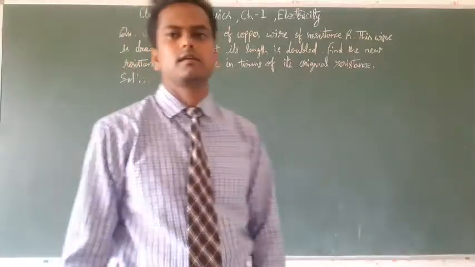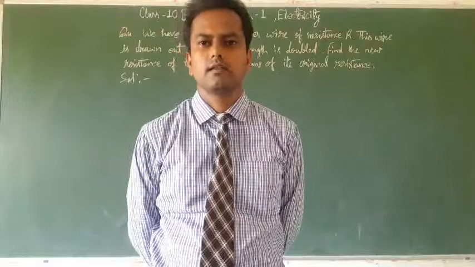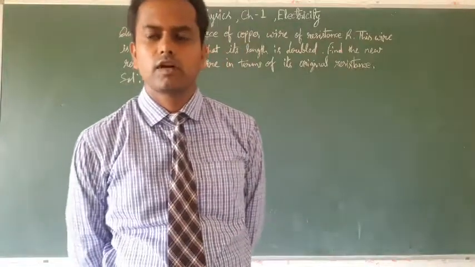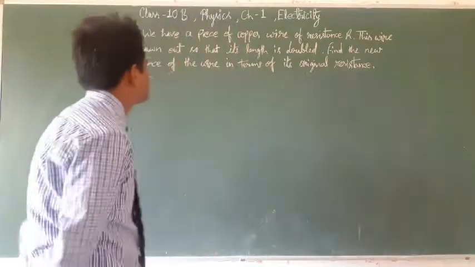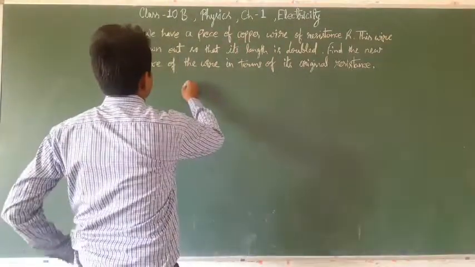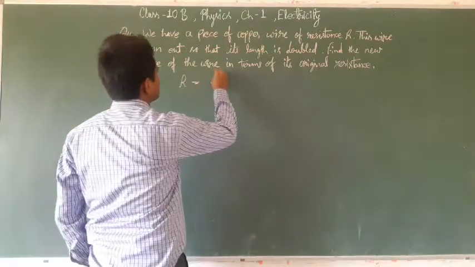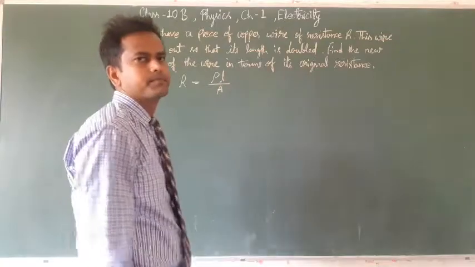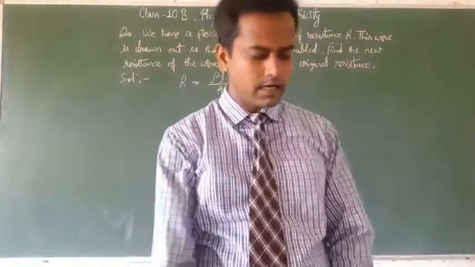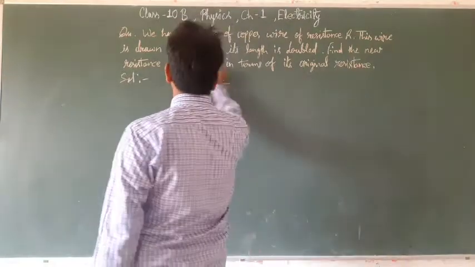So if we increase the length of wire, then what will be the new resistance? We know that R is equal to rho L by A. This is the formula.